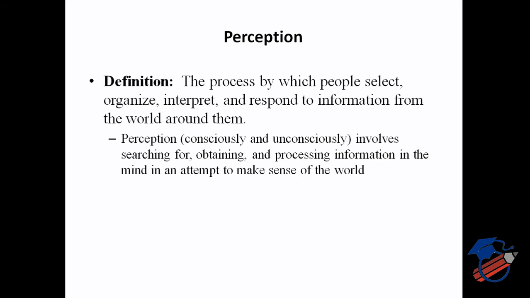We select the stimuli, organize the stimuli, give meaning to that, and respond to whatever information the world is sending to us. Perception is consciously done and unconsciously done. It involves searching for, obtaining, and processing information in the mind in an attempt to make sense of the world. This is a process that helps us in giving meaning or giving sense to the world.